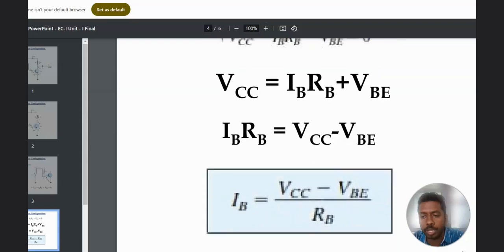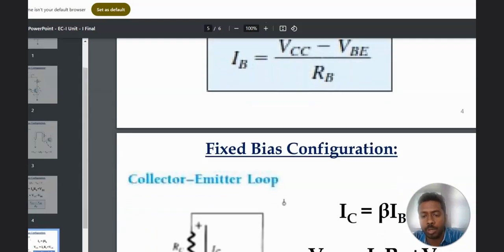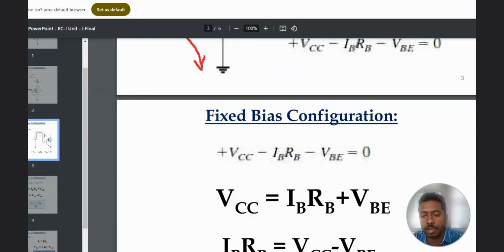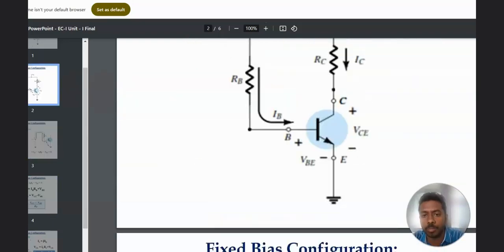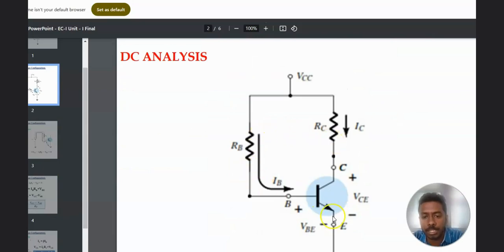I have already told that we are going to find the operating point Q. That operating point Q is the function of VCE comma IC. Therefore, now we are going to apply the KVL to its output loop. See, this is the basic circuit.